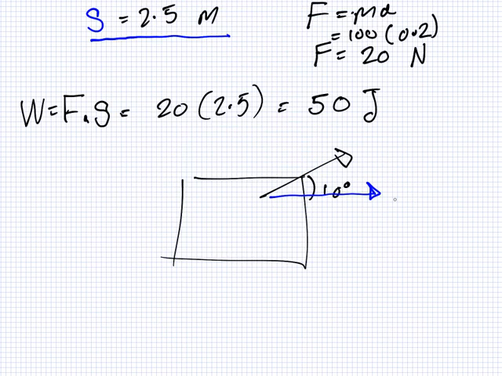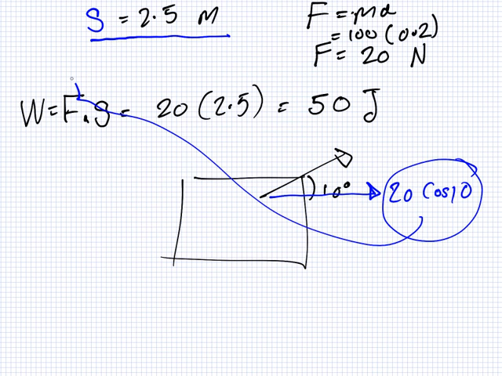But this time it's only 20 cos 10. So if you put that instead of F, your work will be a little different. 20 cos 10 times the same distance, 2.5. That's 49.2 joules.